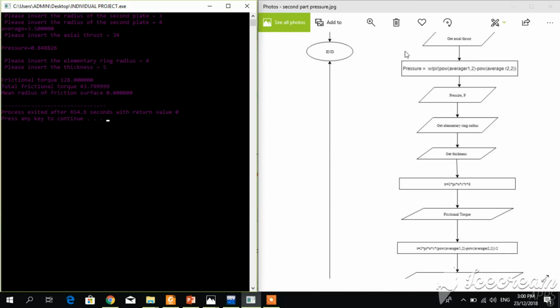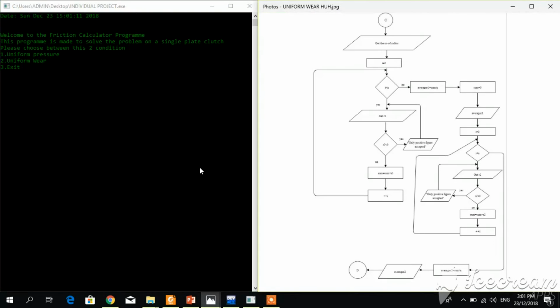When I put the axial thrust, the pressure will come out, and the elementary ring, and the total frictional torque. Okay, this also applies the same to uniform wear, which is the third looping and the fourth looping, which happen the same as the uniform pressure.